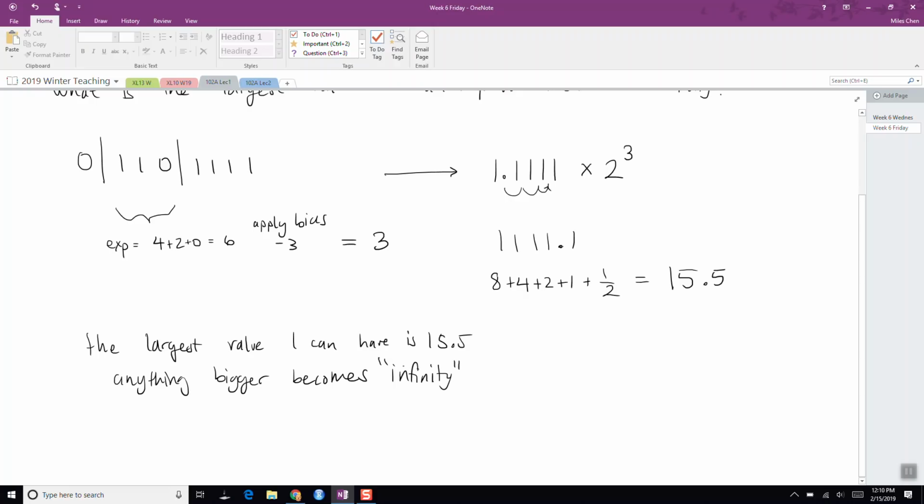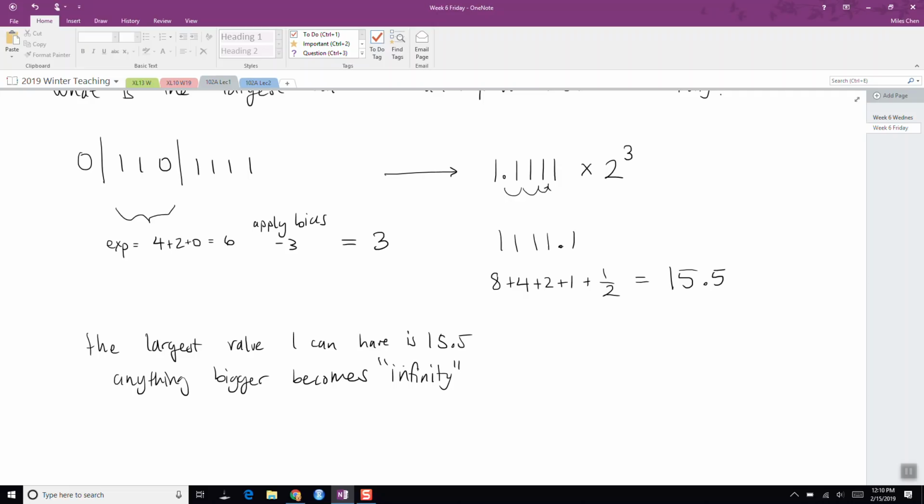Now that seems silly because 15.5 is so small, especially compared to infinity. But our computer, which has 64 bits at its disposal, still has the exact same problem. It reaches a big number, or what is considered to be big, where all these bits are filled out as ones, and the exponent's pretty much 1, 1, 1, 0.